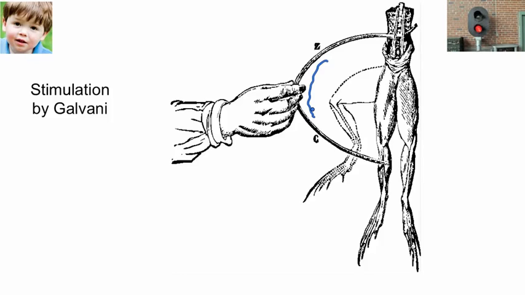Then he touched the frog leg here, body of the frog there, and the consequence was a twitch. The frog leg jerked. So here's where it was, and here's where it went to. Stimulation producing contraction.